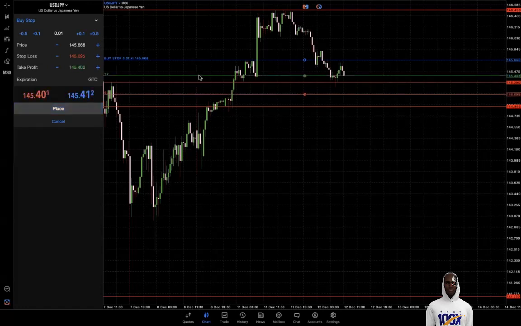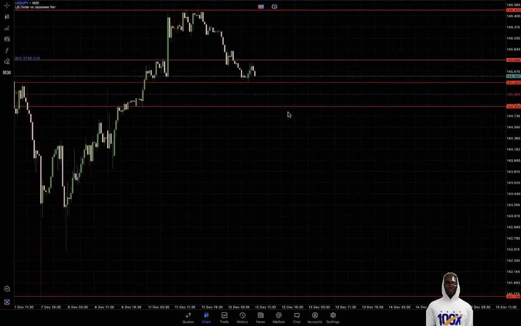Then my take profit: I'm moving my take profit up here to the next resistance zone. Good. So we can see now that we are in the best position, well protected, compared to buying immediately in the market.